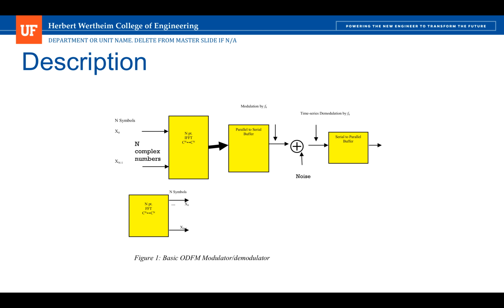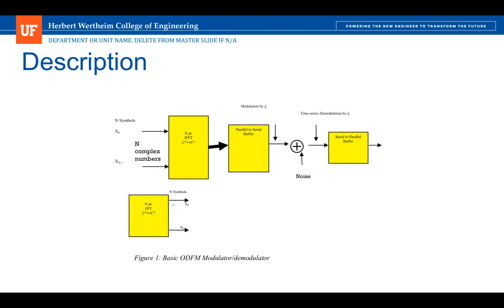This figure demonstrates the process of the modulation and demodulation, which is performed using an FFT and IFFT pair. The transmission of N symbols begins with interpreting each symbol to be transmitted as a complex number that collectively defines an N-symbol set of complex valued symbols.